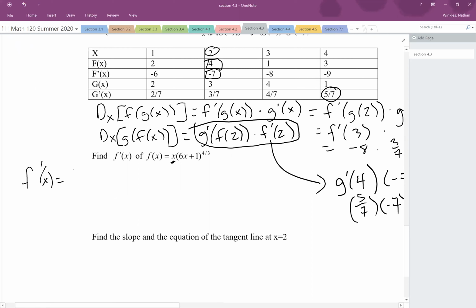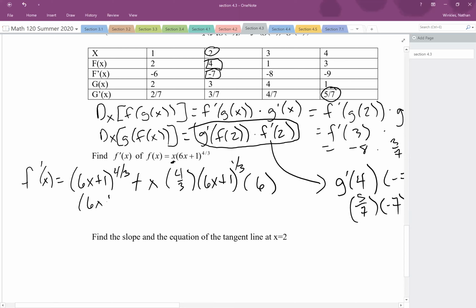Derivative of x is 1 times (6x plus 1) to the 4/3, plus our x times the derivative of the second one, which would be 4/3 times (6x plus 1) to the 1/3 times 6, or (6x plus 1) to the 4/3 plus 8x times (6x plus 1) to the 1/3.